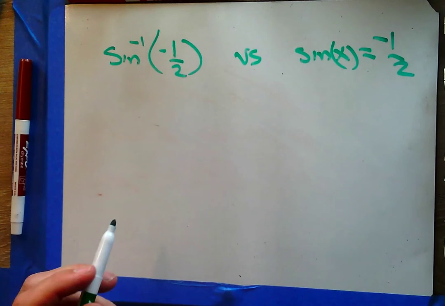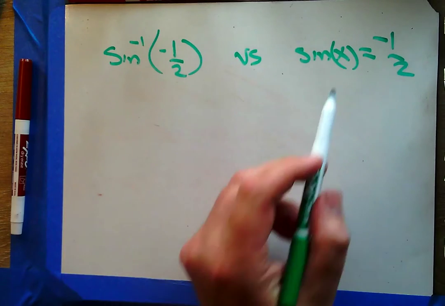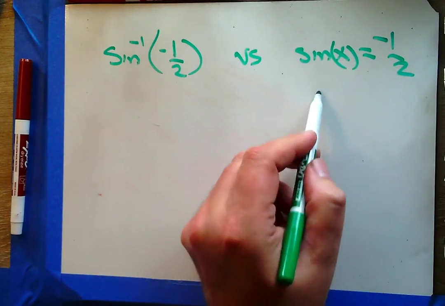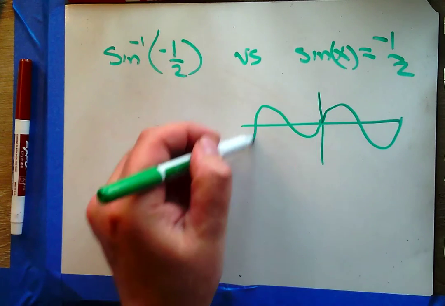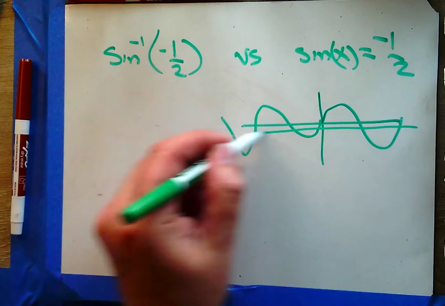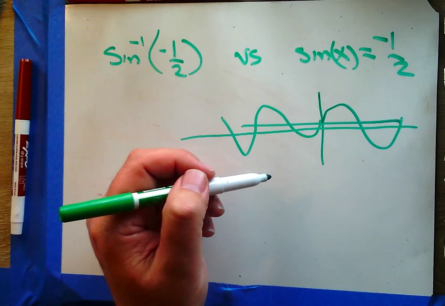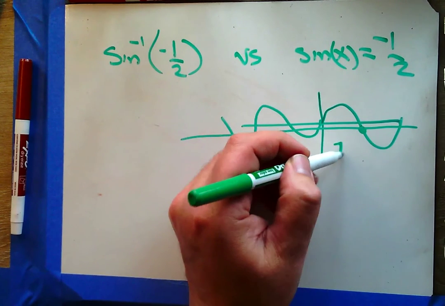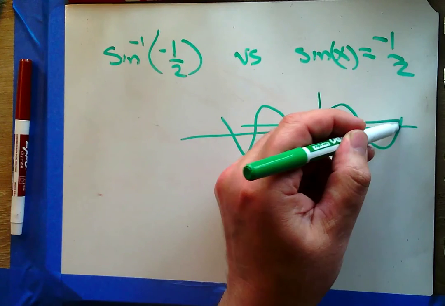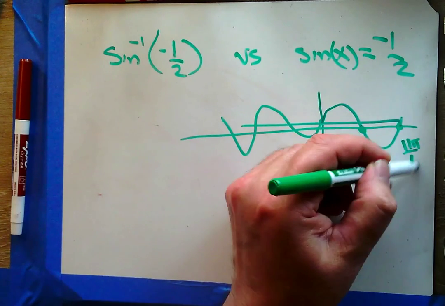Welcome back. So when I think about sine x equals negative 1/2, I think, wow, that happens an infinite number of times. It happens here at 7 pi over 6. It happens here at 11 pi over 6.